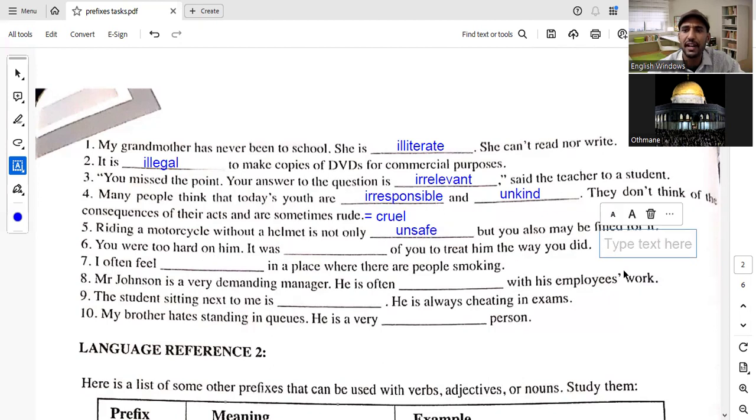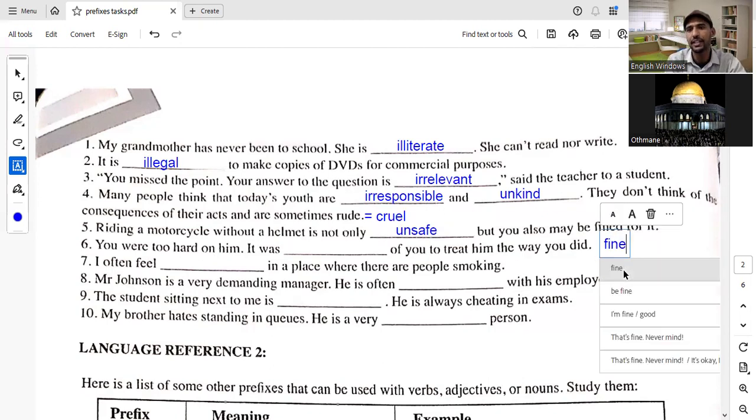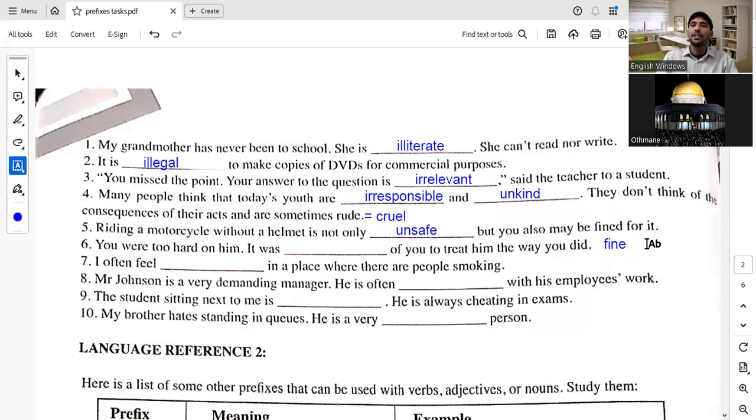What does it mean to be fined? What does a fine mean? Fine here is not an adjective. It doesn't mean I am fine, thank you. No, to be fined. If you drive more than 60 kilometers inside the city, you will be fined if the police notice.